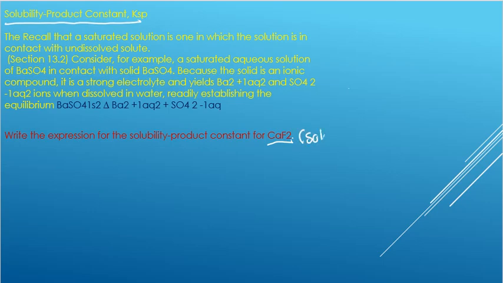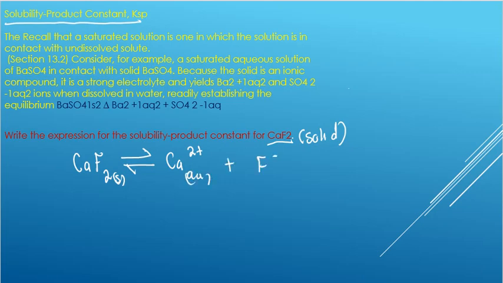So calcium fluoride, solid, when it dissociates, is going to form calcium ion plus fluoride ion, and of course this remains in aqueous form. And if we balance it, we get a 2 here.